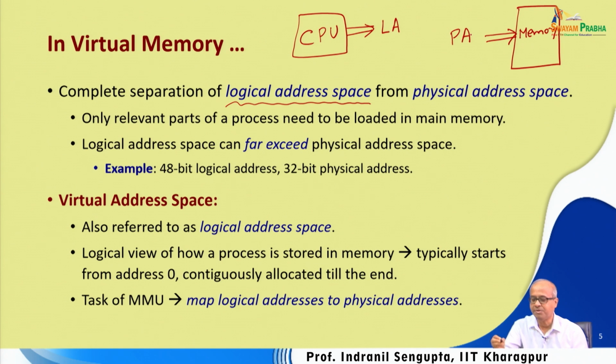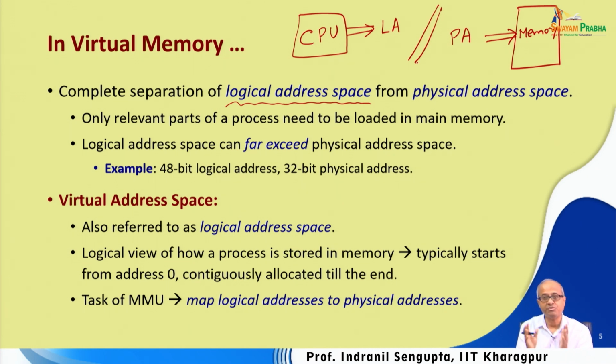So, in virtual memory, we are totally isolating the logical address from the physical address, because we are not loading the entire logical address space into memory at a time. You can say that in virtual memory, we achieve complete separation. In normal paging, there was a separation, but there was a restriction that the entire logical address space must reside in main memory.